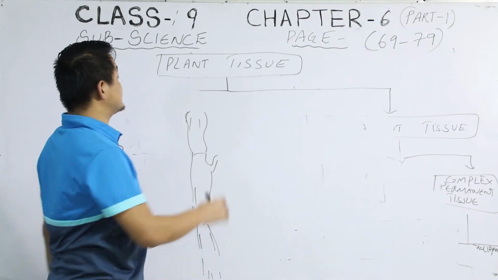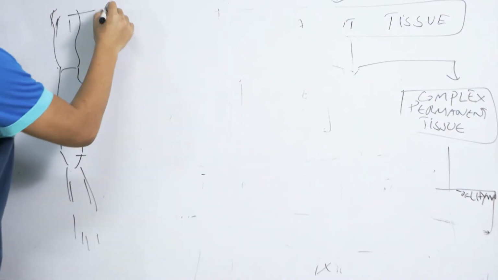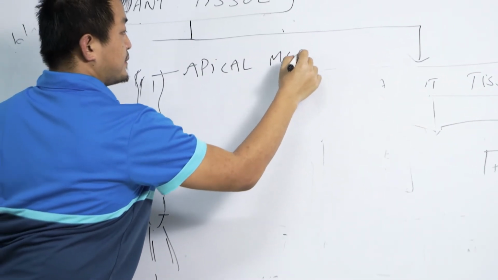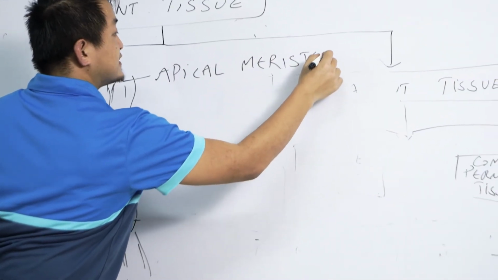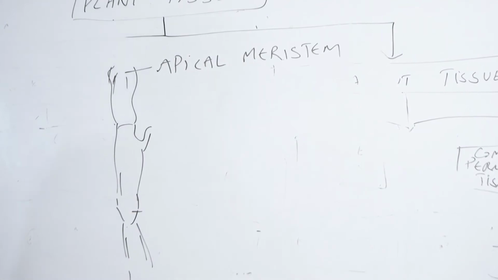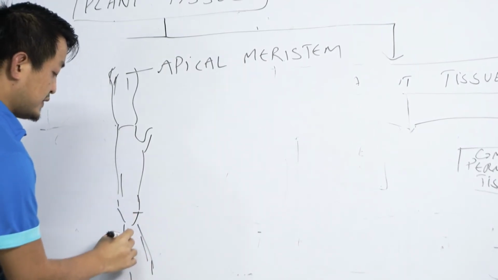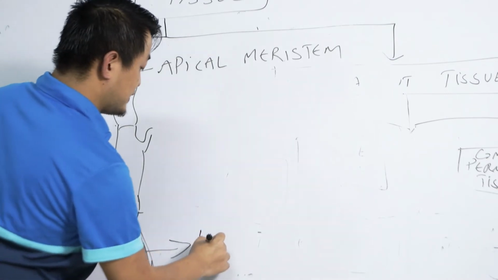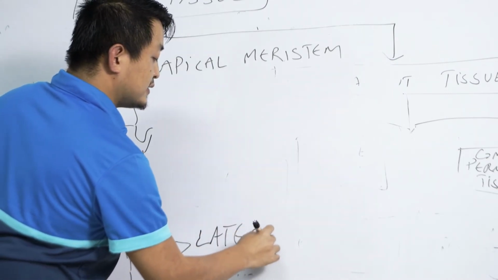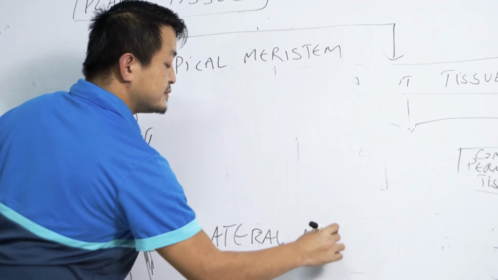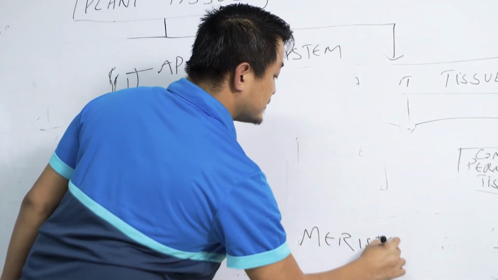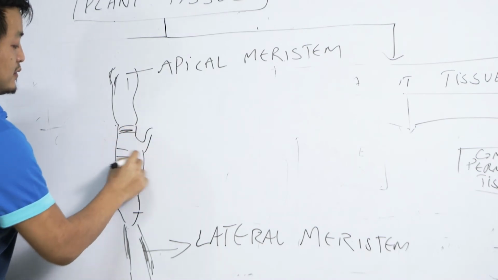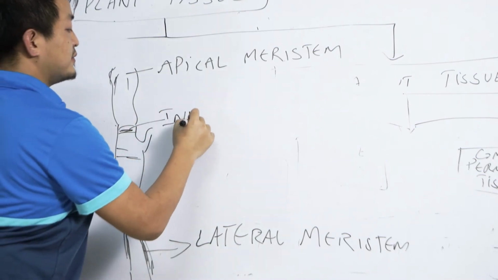So my dear students, this one will be apical meristem. The side one here would be lateral meristem, and this one will be intercalary meristem.